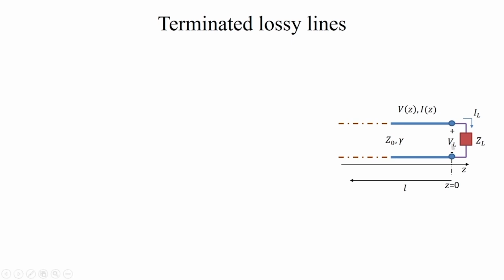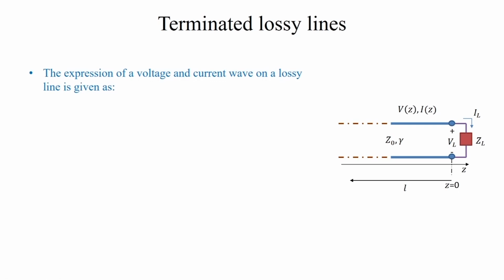We set the reference distance z equal to 0 on the load itself, and we see what happens at a distance z equal to minus L. So, the expressions for the voltage and current waves on this lossy line can be given as follows.